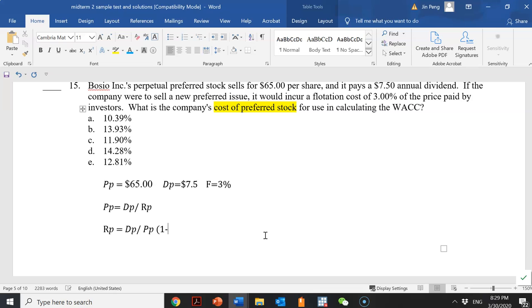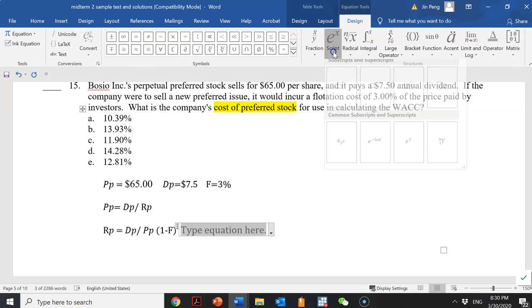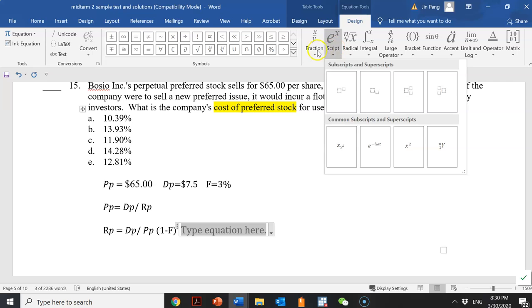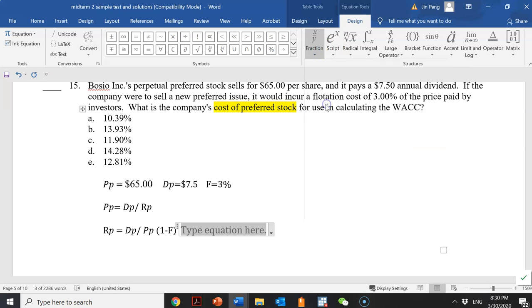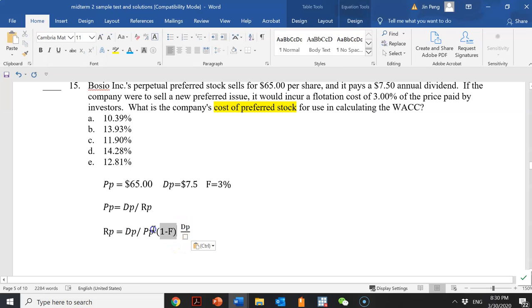So we need to use 1 minus F multiplied by preferred stock price as the denominator. If I want to show this in a clearer way, I should probably use this fraction here. We have DP as our numerator and PP multiplied by 1 minus F as our denominator. The original model does not have 1 minus F, but here we added 1 minus F.